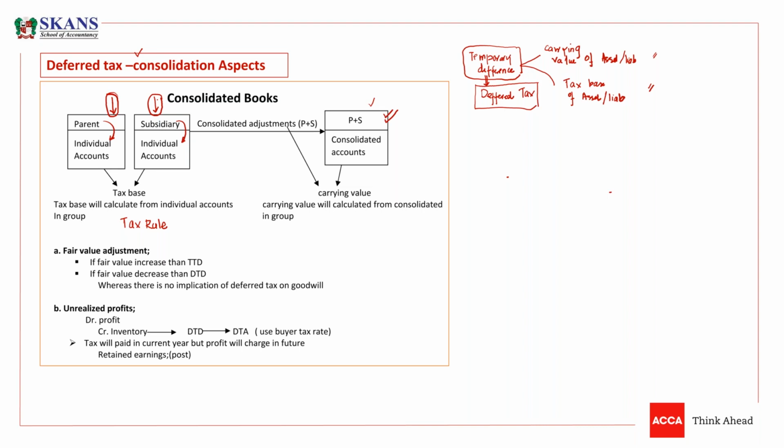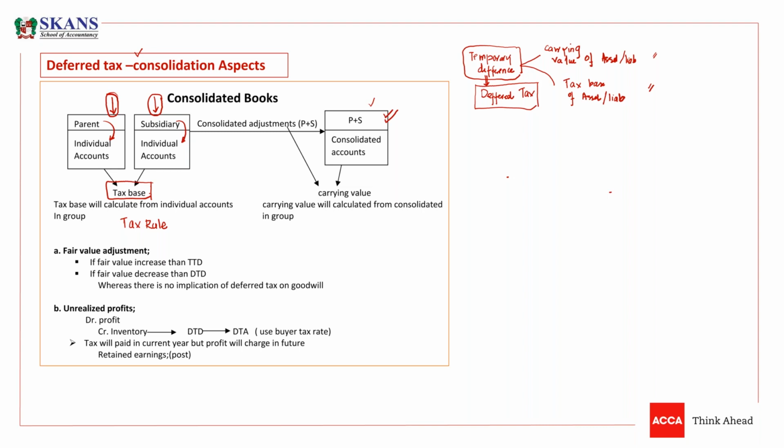Because tax laws are applicable on individual books, tax base will always be calculated from individual books. This is important. Tax base will be calculated from individual books. Why?